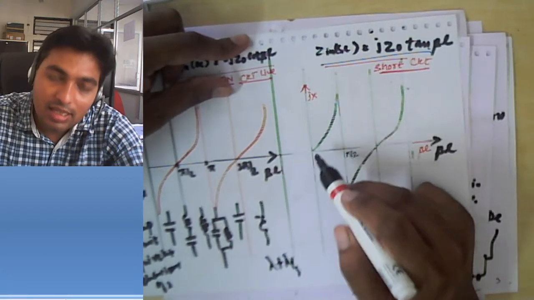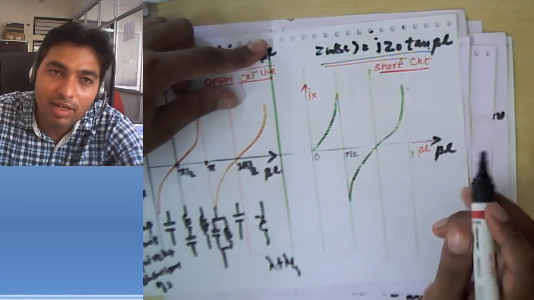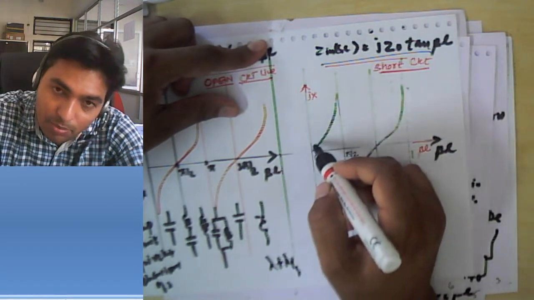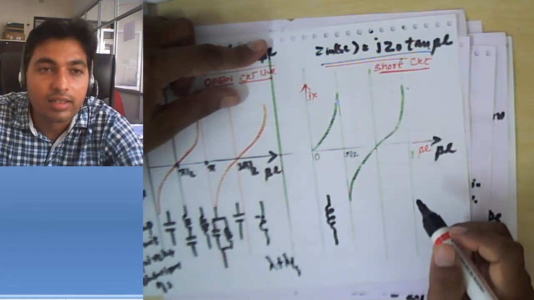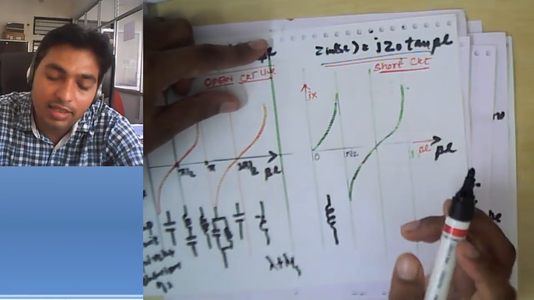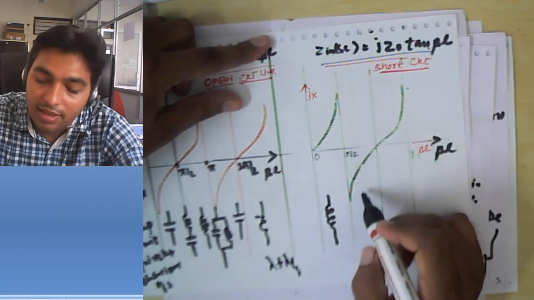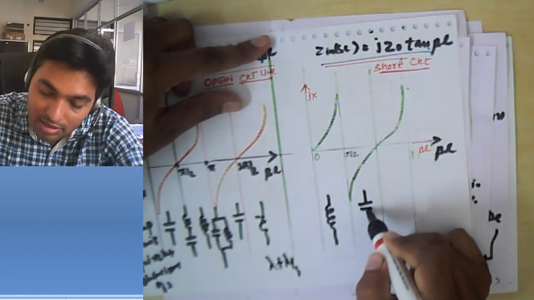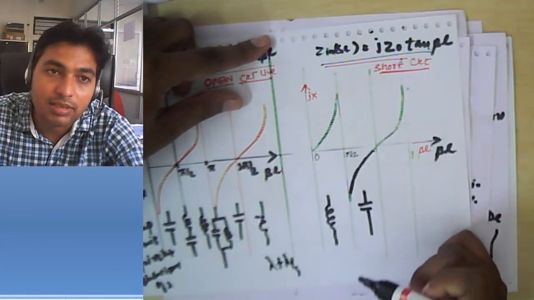The lumped equivalent behavior of this short circuited transmission line will be, since this is a positive impedance, a pure inductor if the length is smaller than lambda by 4. Similarly, if the length is greater than lambda by 4, it will behave as a capacitor, because this is a negative impedance.